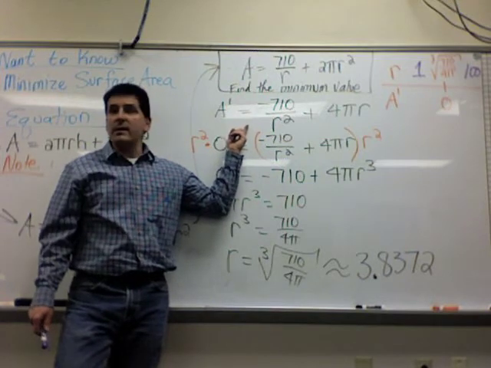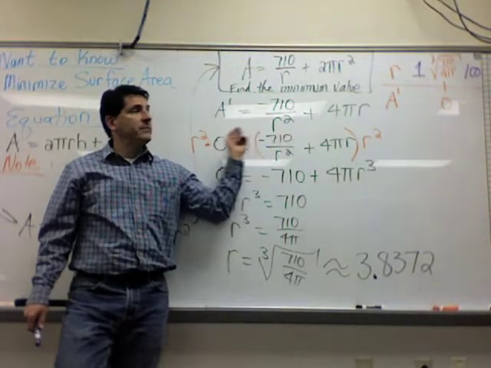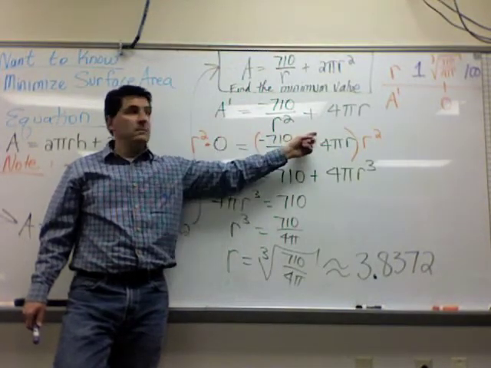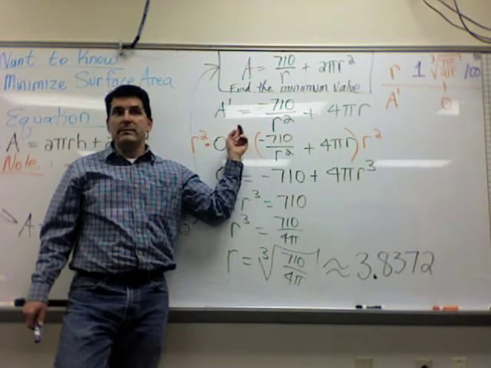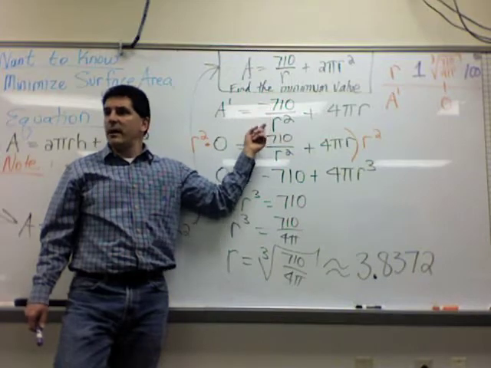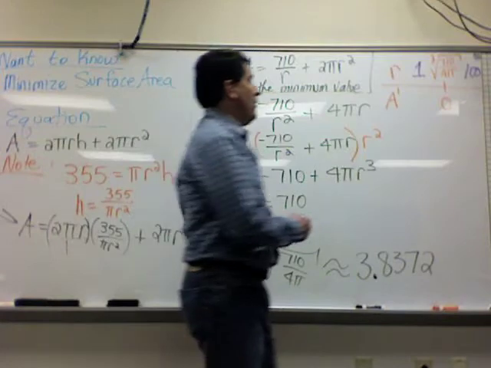If you plug in a radius of 1, is your answer positive or negative? Negative. Do you see how you get the negative 710 over 1? That definitely overpowers this guy. So that's a negative.